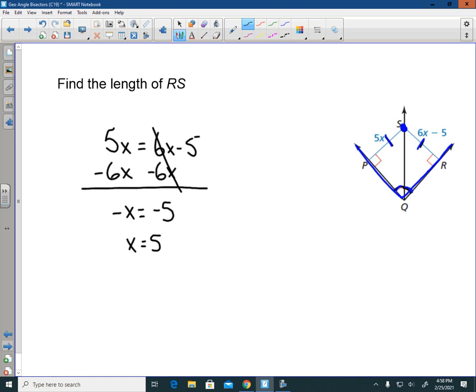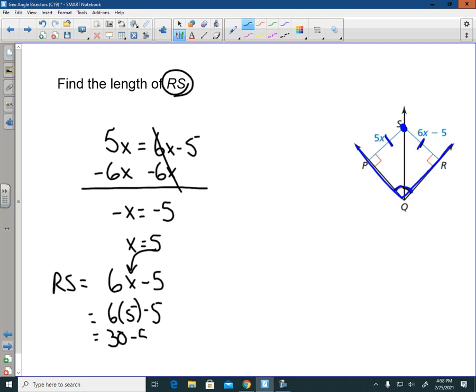Now I want to find the length of RS, and RS is 6x minus 5. So I just have to take that 5 and drop it in right here. RS is going to be 6 times 5 minus 5. Well, 6 times 5 is 5, 10, 15, 20, 25, 30. And then we got to remember to subtract 5. And so it looks like RS is 25.